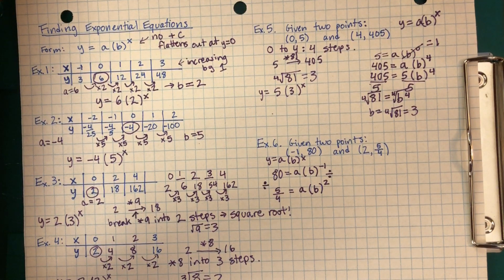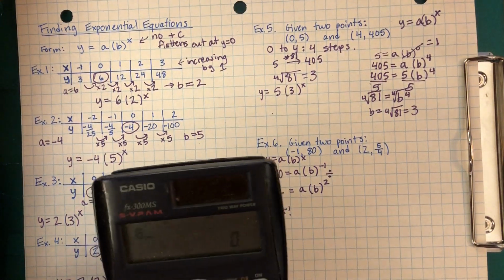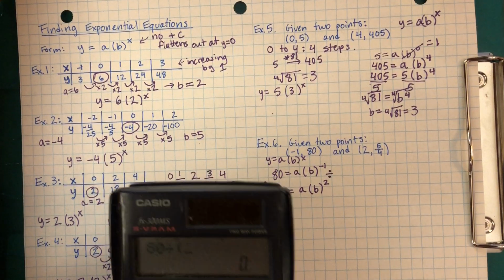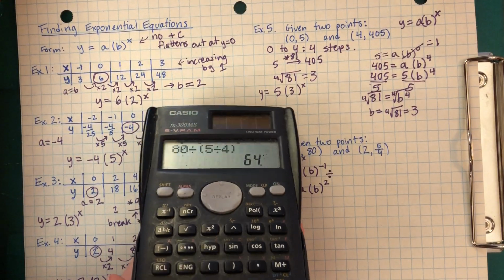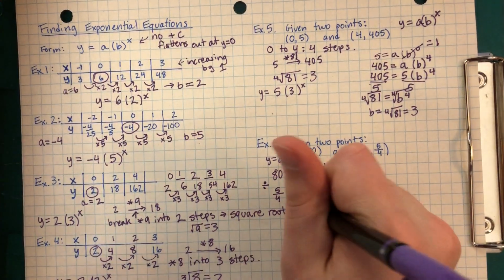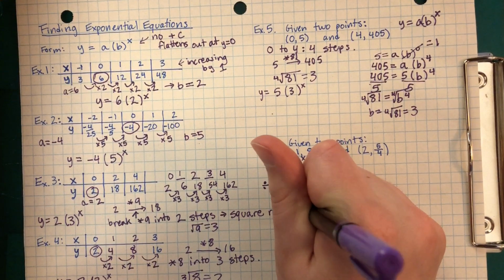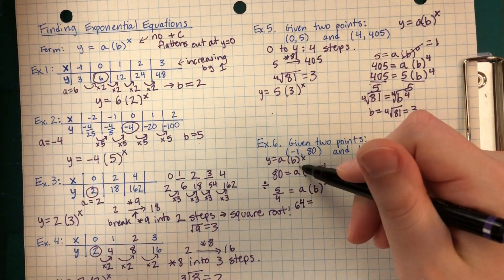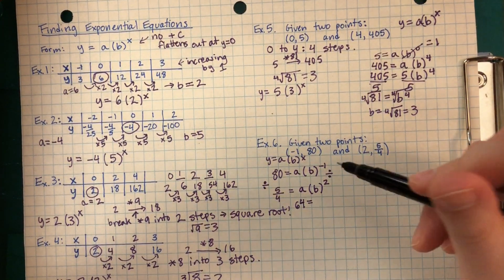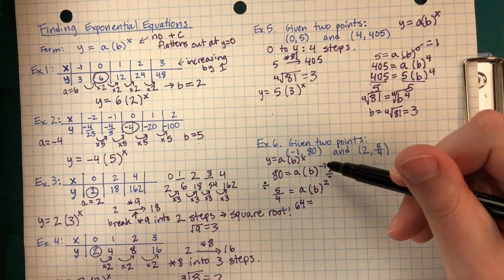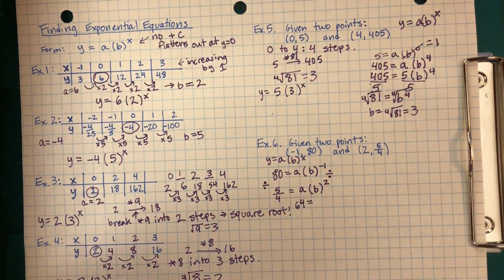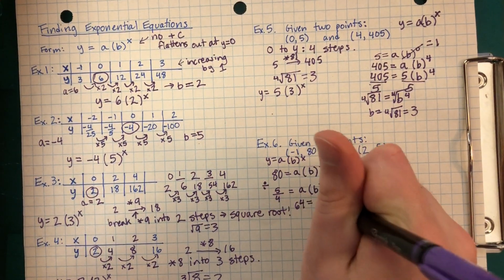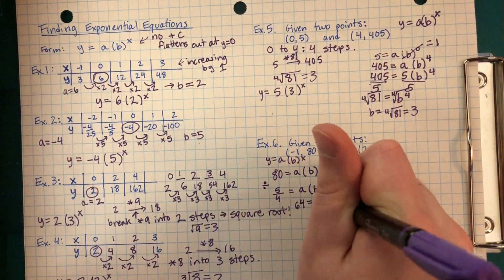So 80 divided by 5/4 is 64. So I get 64 equals a divided by a cancels out. B to the negative 1 divided by b to the 2 is b to the negative 3.